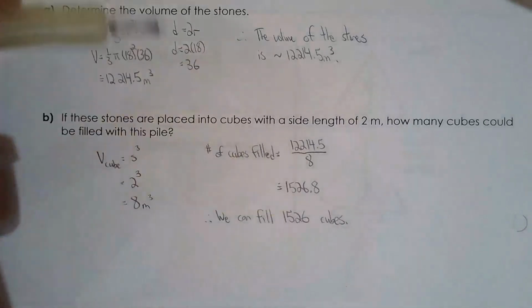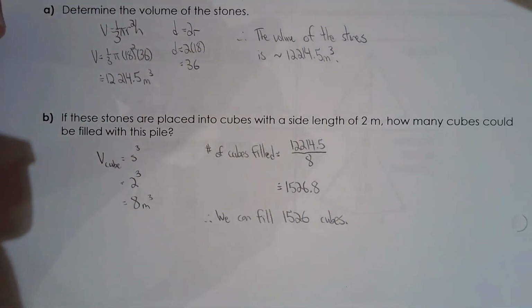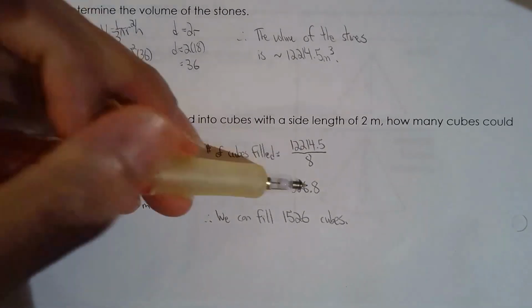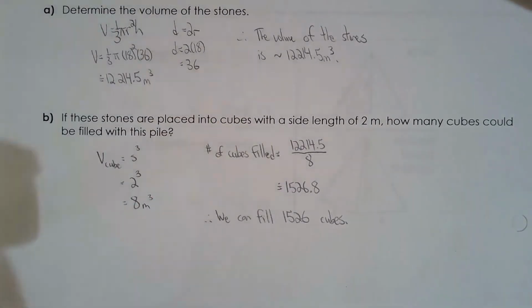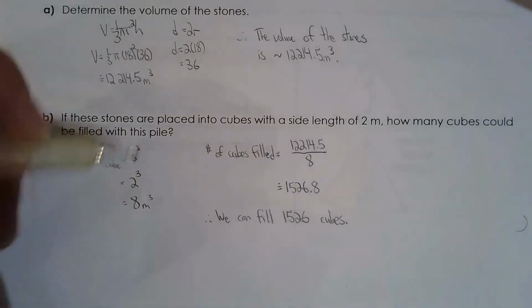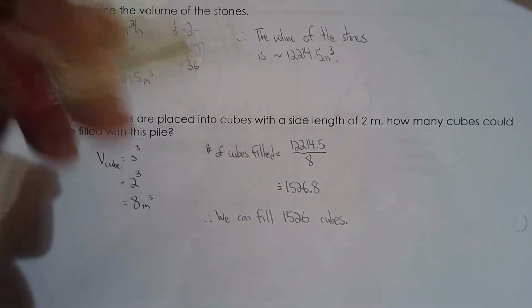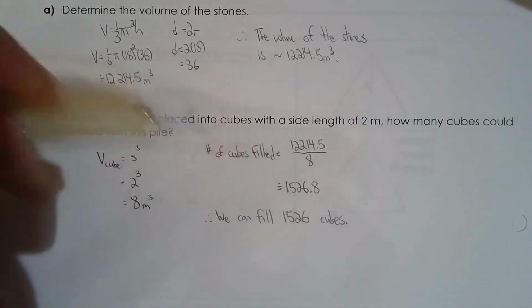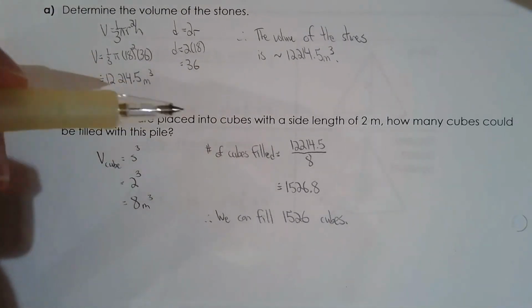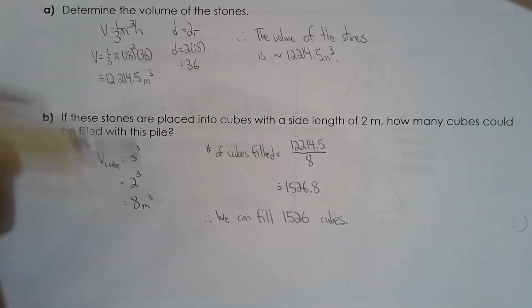You're just shy. You just can't fill that last cube. You have to round down here. Even though you're really close to filling that last cube, you don't have enough stones. So you find the volume of one cube, and then you take the total volume of stones and divide it by 8. Because that will tell you how many cubes you can fill. So you end up filling 1,526 cubes.